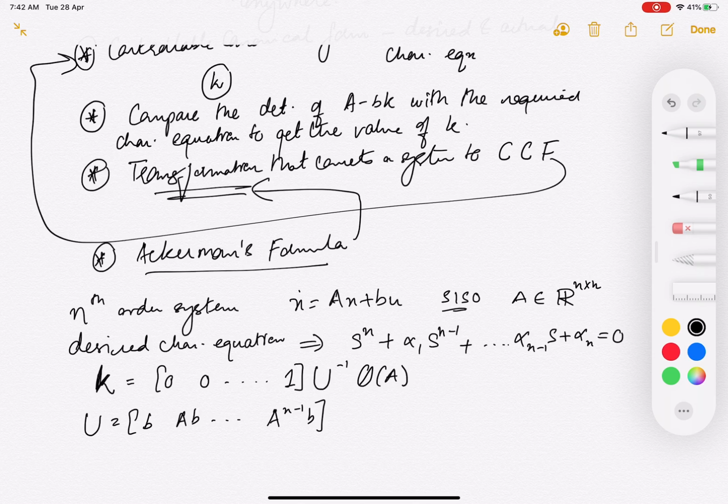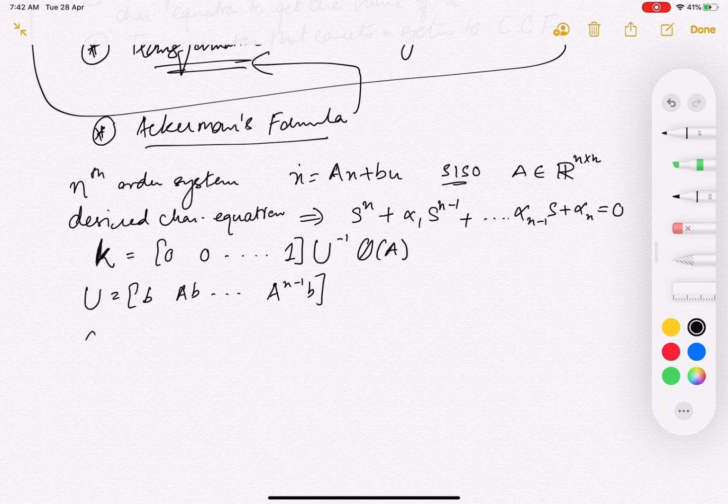And what is phi A? Phi A is the matrix A put in the characteristic equation. So put the matrix A in place of s in the characteristic equation.